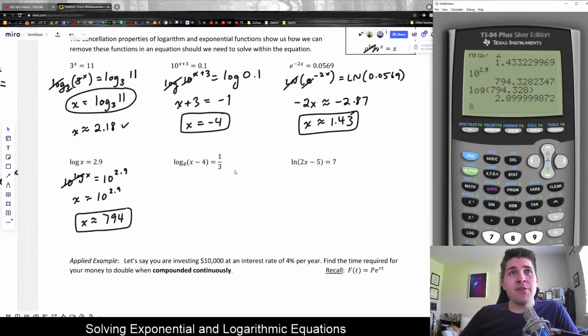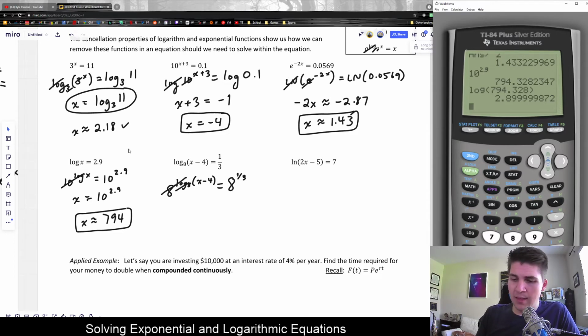Looking at a few other examples, the key is that if I want to solve a logarithmic equation, I can exponentiate using the base of the logarithm. Here I use base 10. Here I would use base 8, because if I take 8 and raise it to the log base 8, and I need to do the same thing to both sides, 8 raised to the 1/3, this will all cancel and leave me with x minus 4 is equal to 8 to the 1/3.